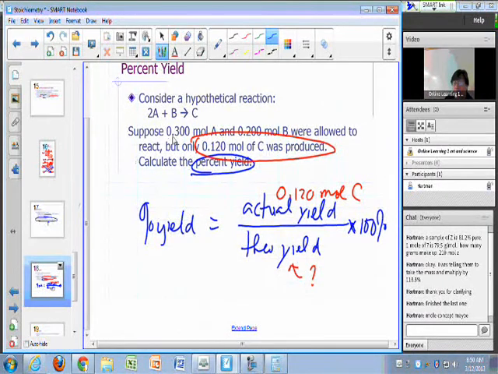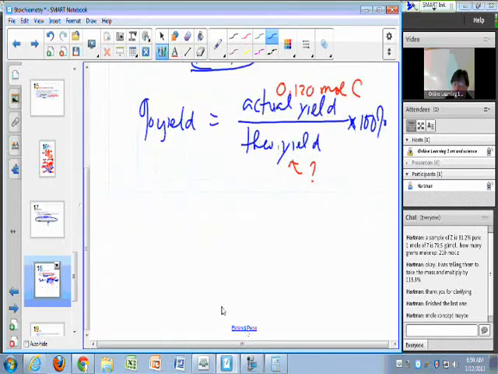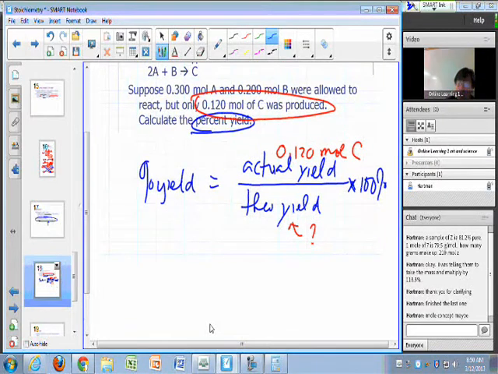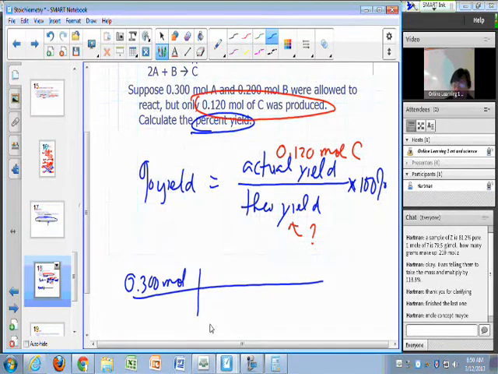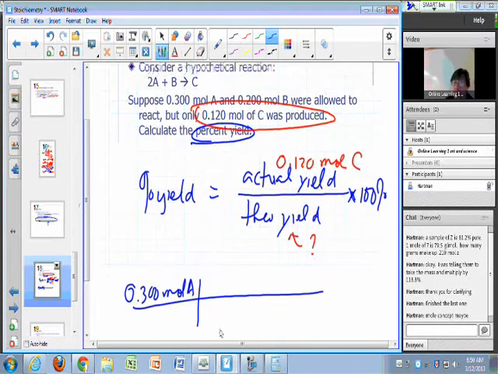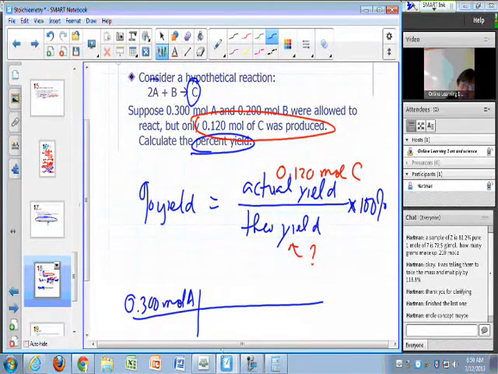So you have 0.3 moles of A, 0.2 moles of B. What would you do? You'd say, okay, I have 0.3 moles of A. How much product can I get? According to this, the C to A ratio is 1:2.